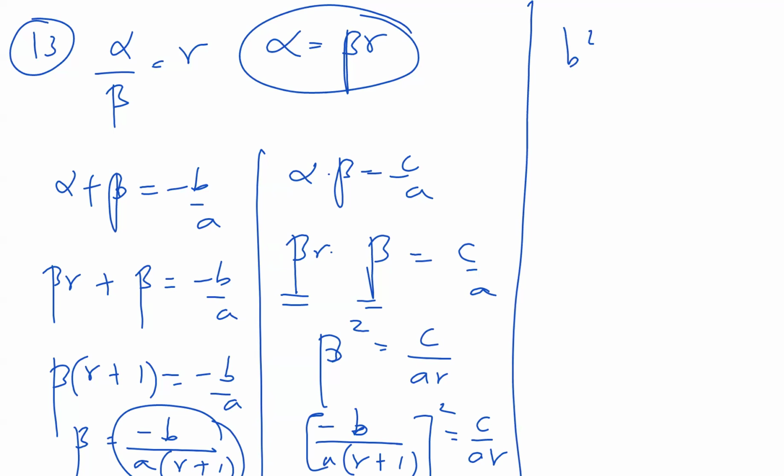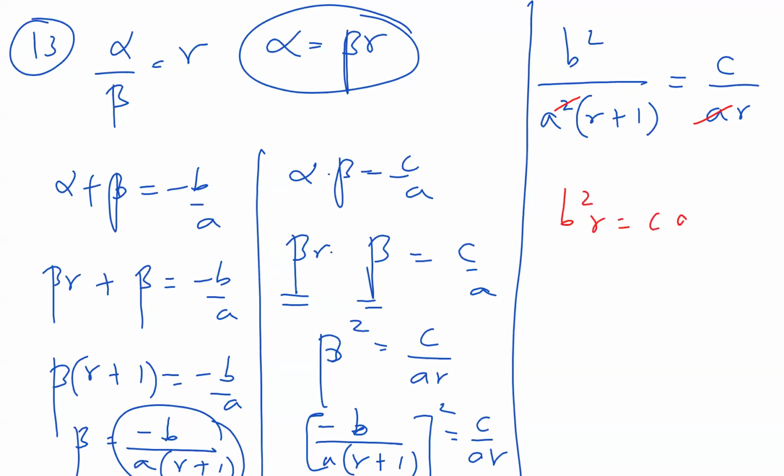So b square upon a square into r plus 1 whole square is equal to c upon ar. Now there is a square on the left hand side and a on the right hand side, so one term will get cancelled. Cross multiply: b square r is equal to c a into r plus 1 whole square, and this is your required proof. Hence we have proved. Let's go to question number 14.